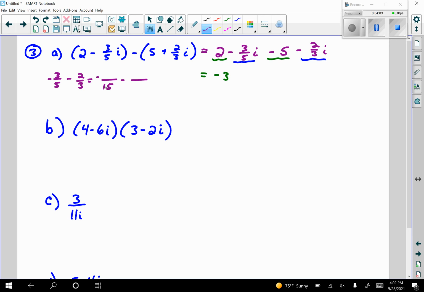So 5 times 3 is 15. So 3 times 3 will give us 9. 3 times 5 is 15. So 2 times 5 will give us 10. So these two together will turn into -19/15. So we'll have -3 and then minus 19/15 i.